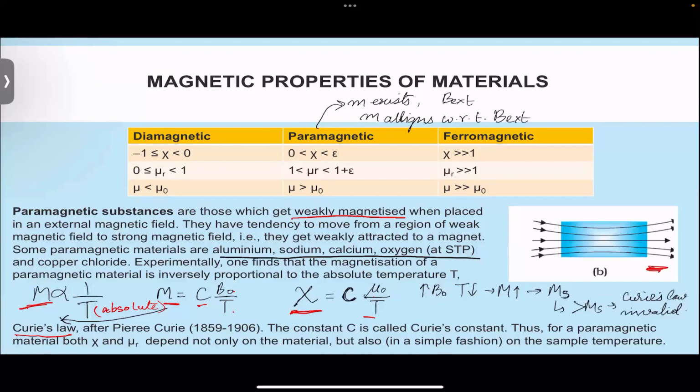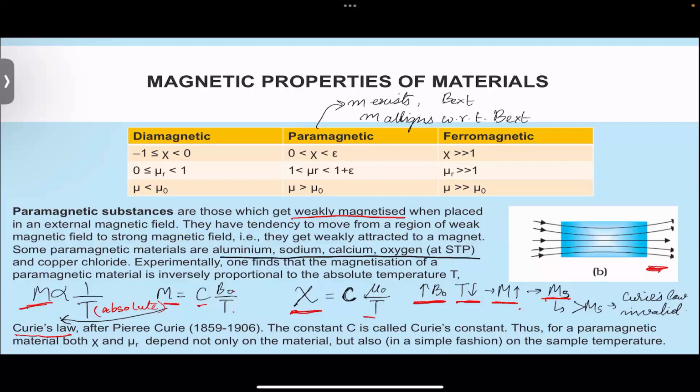So if your external field is increased and your temperature is lowered, your magnetization will increase, and it will increase up to a certain level that is called the saturation point. This is the magnetization at the level of saturation, and beyond this Curie's law becomes invalid.